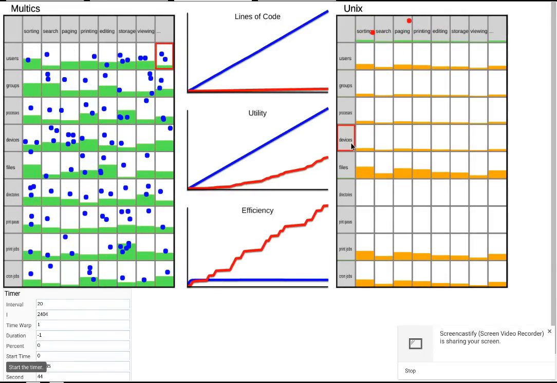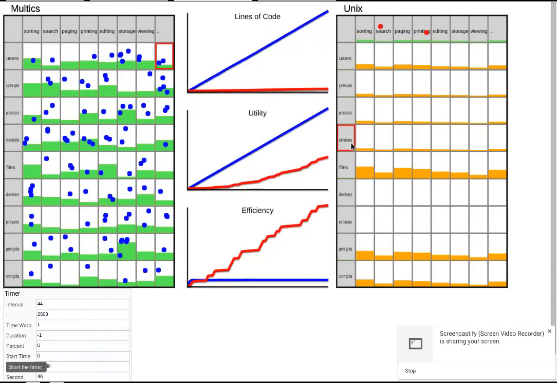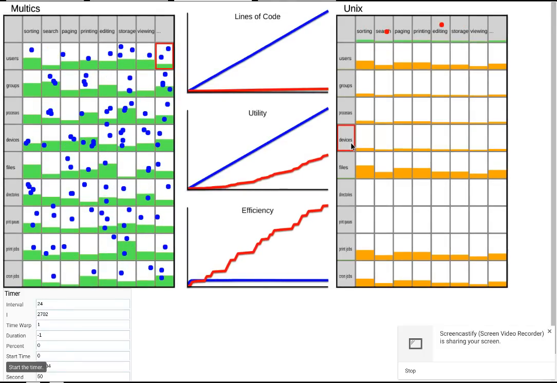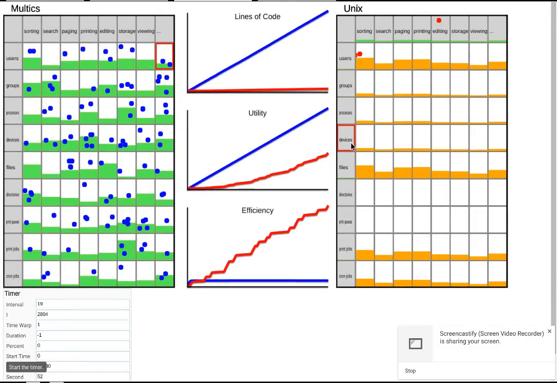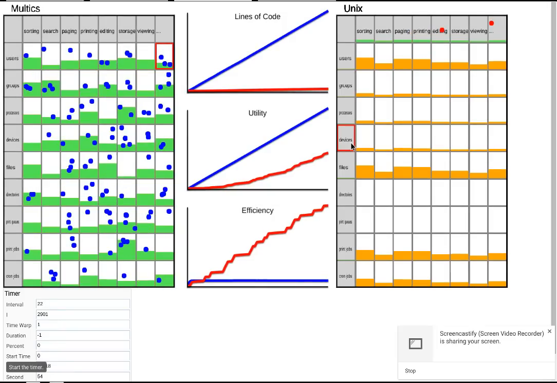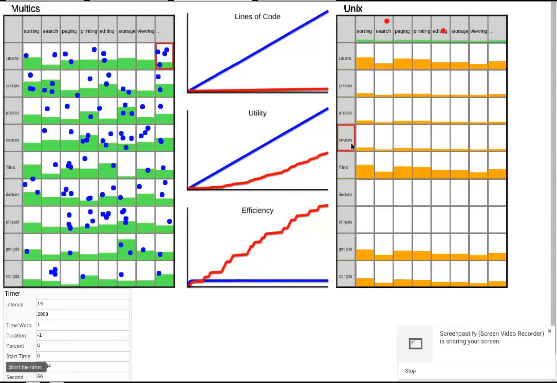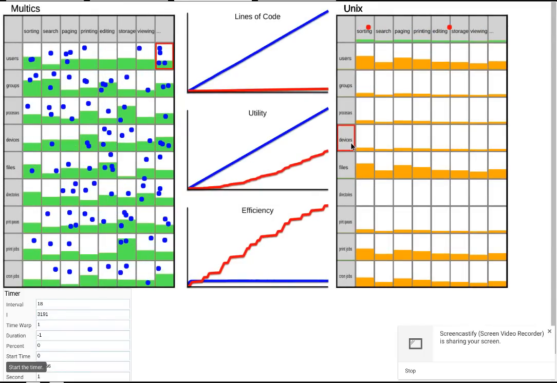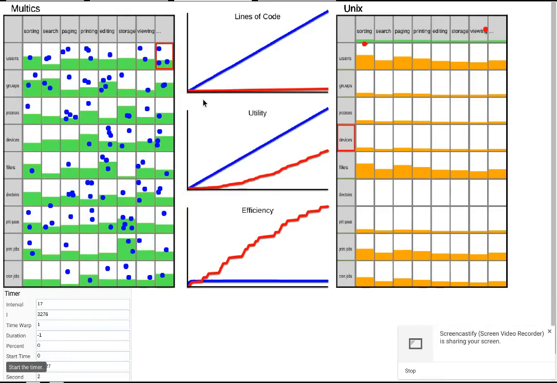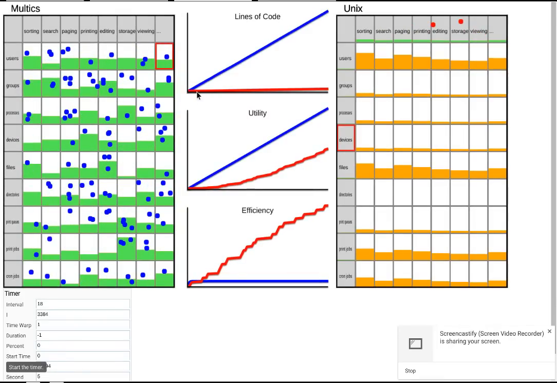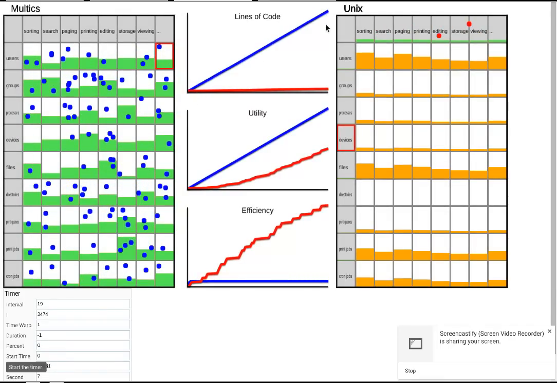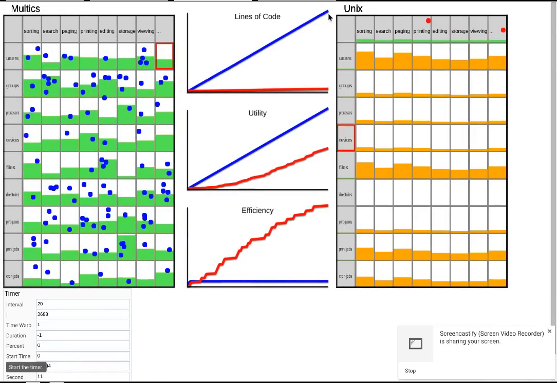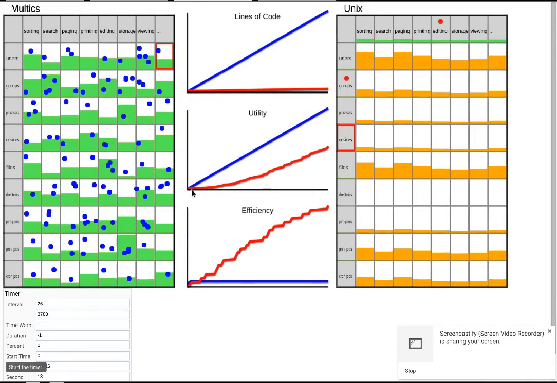Now, just as the way we analyze computers running algorithms or data structures and talk about the runtime efficiency or the scalability of those algorithms, we can use the same mathematics for humans running an architecture or a paradigm. So what we're doing is we're graphing here the lines of code, and you can see that since there are 50 times as many Multics developers, their lines of code are increasing much faster, and we can increase the utility.